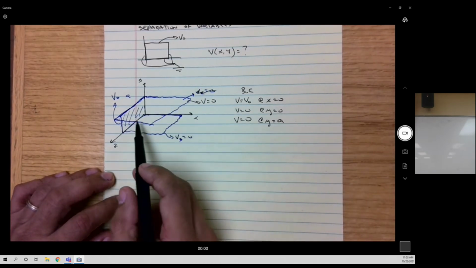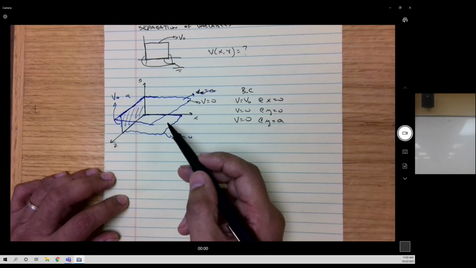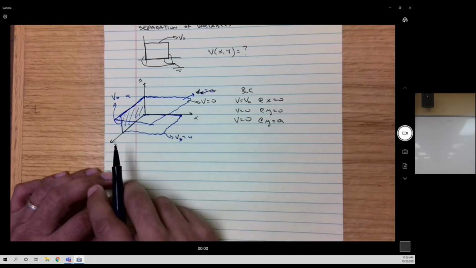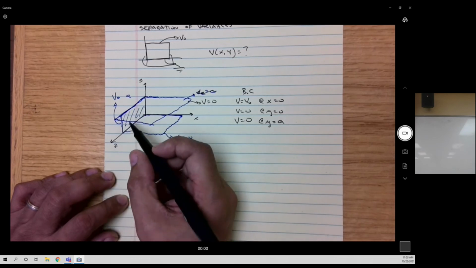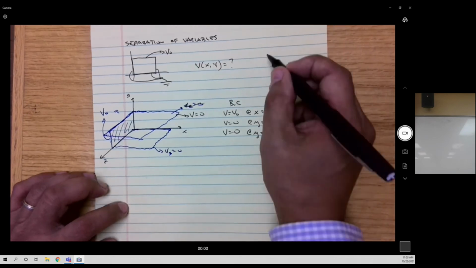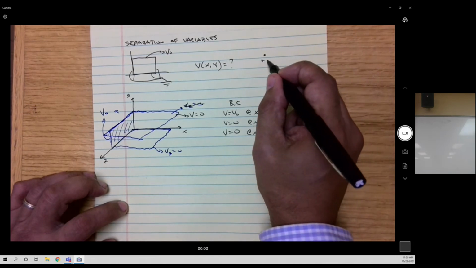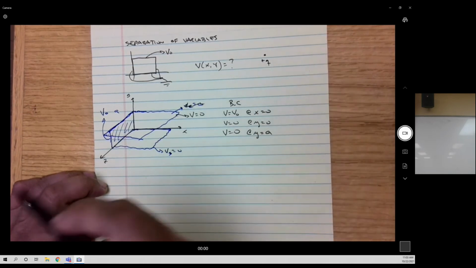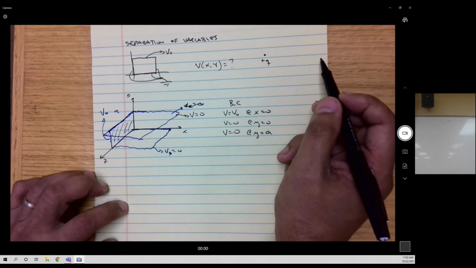Now, the last condition will be on this opening that we have on the right side. We have the electric potential on one plate. And if you imagine, for example, a point charge, as you get closer and closer to that point charge, the electric potential is going to increase. And as you move away, it is going to decrease.